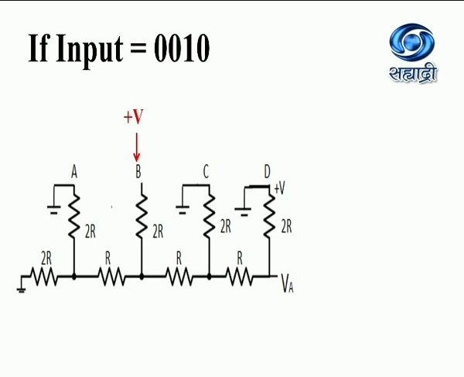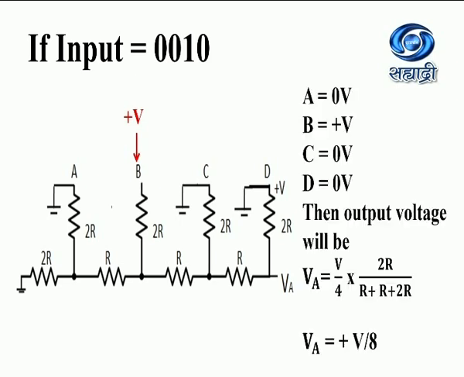That's why plus V is applied to the position B. So here when A is 0 volt, B is plus V, C is 0 volt, D is 0 volt, then the output will be, now here applied voltage is V by 4, because now C and D are connected to the ground, so there is no potential at C and D. That's why we have to take applied voltage as V by 4 by using potential divider formula, and we will get VA as V by 4 into 2R divided by R plus 2R. Then we will get the analog voltage at B position as V by 8.